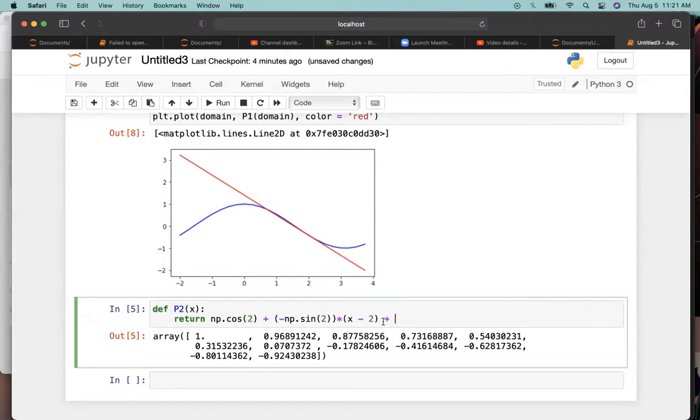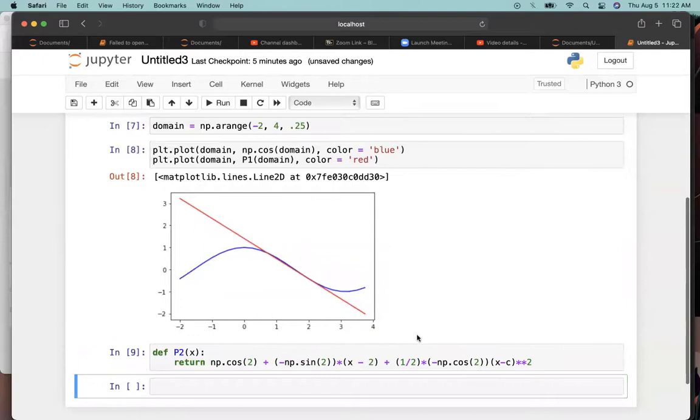The first derivative is negative sine; take the derivative of that, it's negative cosine of 2, and this has to be divided by 2, times x minus c all squared.